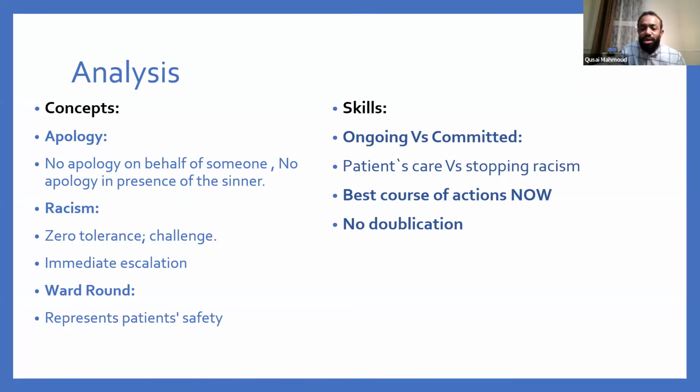So I need the other skill. I need to apply the best course of action now. If I'm reflecting, that's good. But if they say reflect on your break, that's very nice. But if they made it just vague, I need to understand where I am now. I am in the middle of the whole round. I cannot now do reflection. That makes no sense. So the best action now, unless they specify the time.